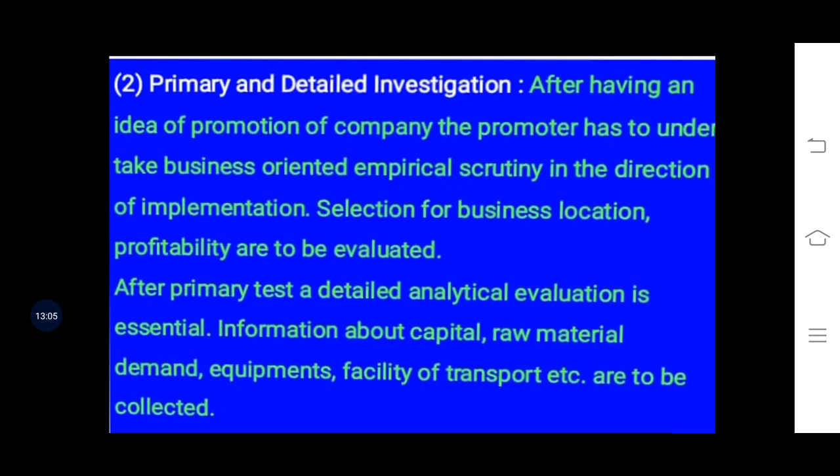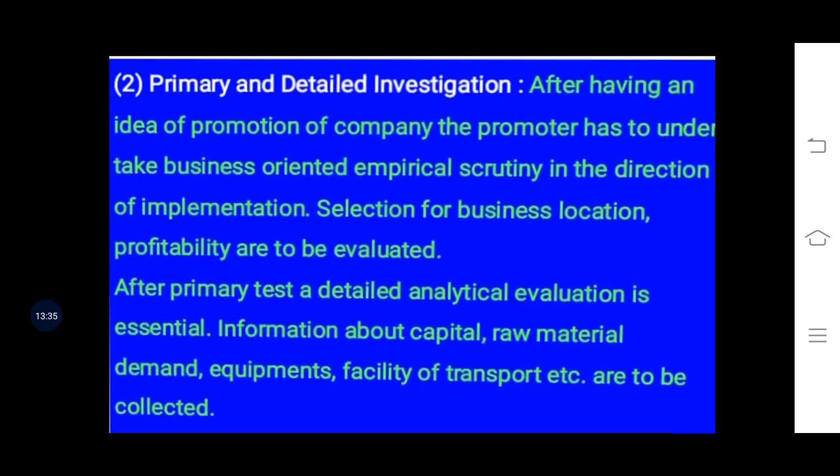After the primary test, a detailed analytical evaluation is essential. Information about capital, raw material demand, equipment, facility of transport, etc. is to be collected. So in this way, the promoter will collect all the needed information about the company, without which the company cannot be started.